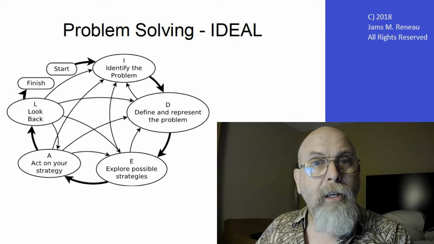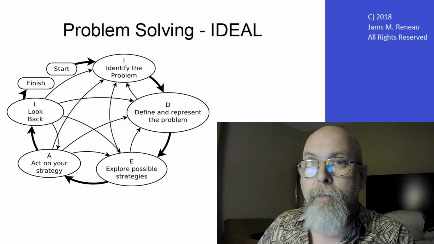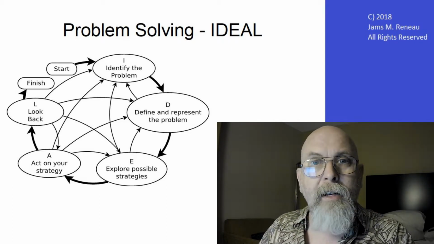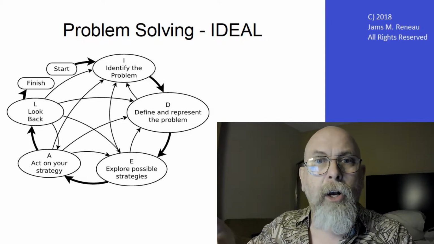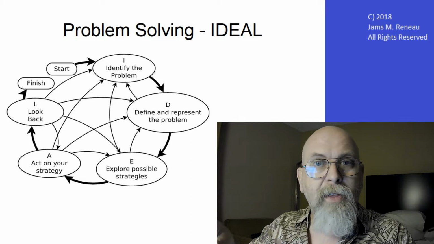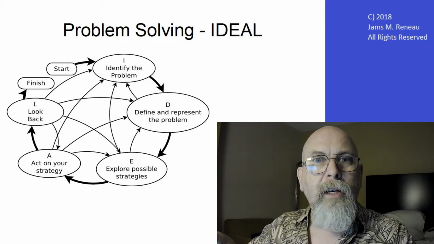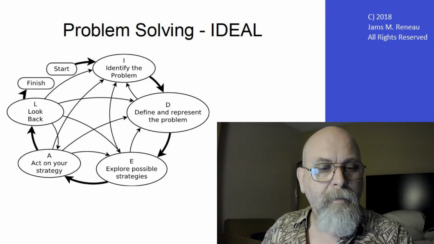But sometimes while we're exploring, we might find something that we missed or something that we need to explore further. We may need to go back to identify, or we may need to go back to define more of that. So I think of it more as a circular problem solving method with shortcuts to go back to the previous steps. So if we find that we've missed something, we can always jump back.